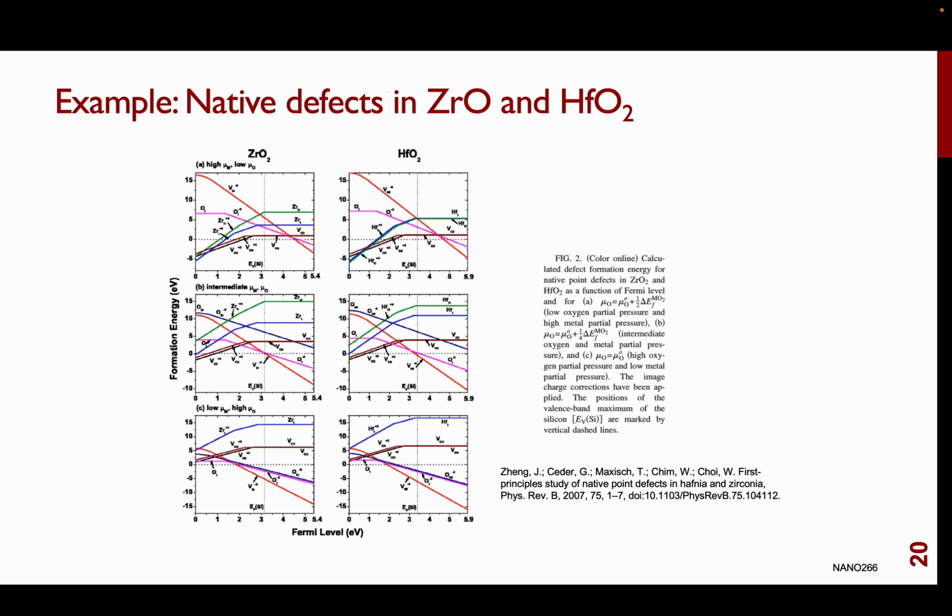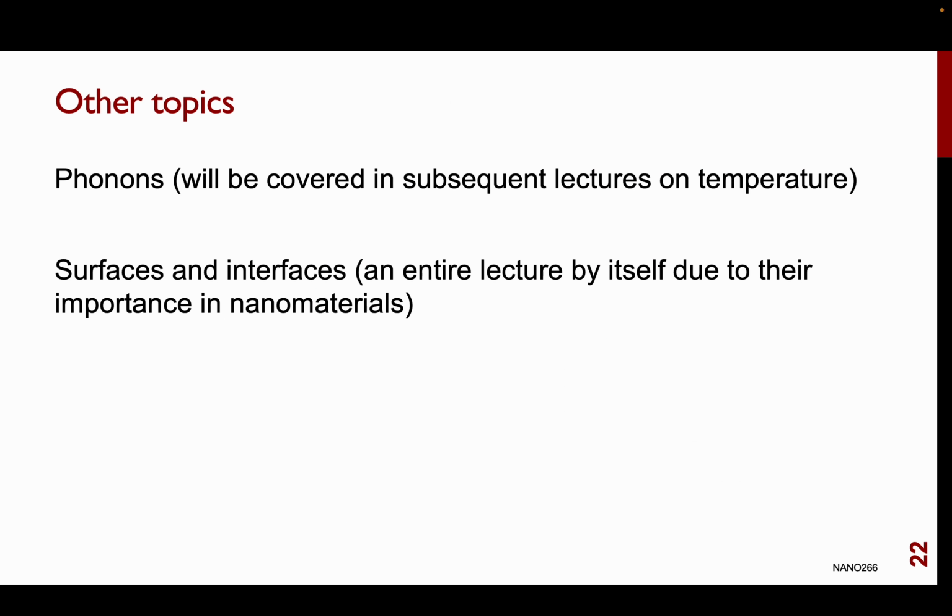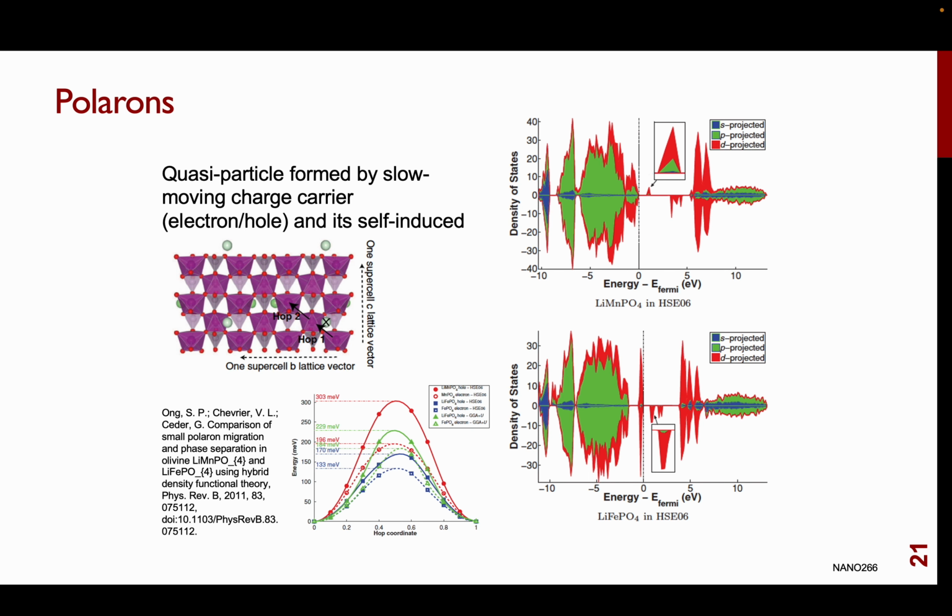So you see that all the defects are basically some form of charged oxygen vacancies, okay? When you have low chemical potential of your metal, you can either form an oxygen interstitial, or you can form things like vacancies of your metal ion, okay? So these kinds of plots are quite useful to understand what kind of defects will form under what kind of conditions, right? All right, I actually only have 2 slides, so I have enough time.